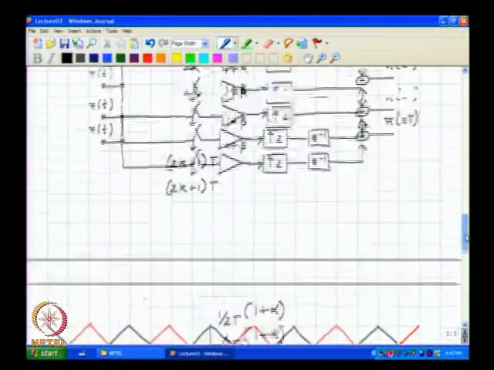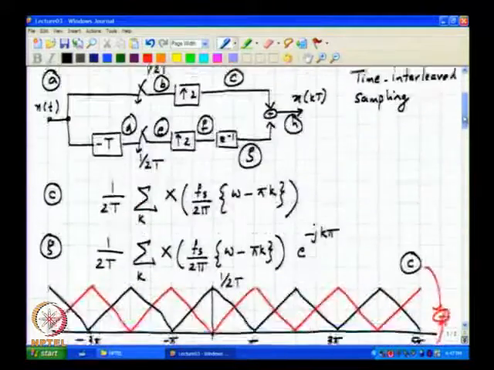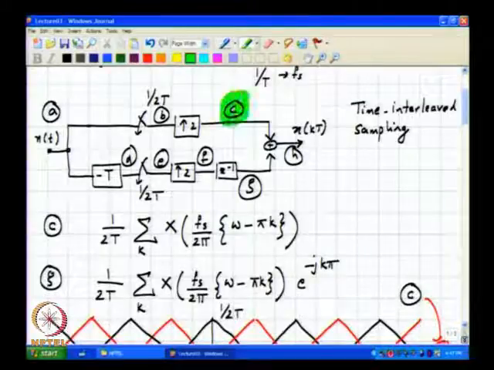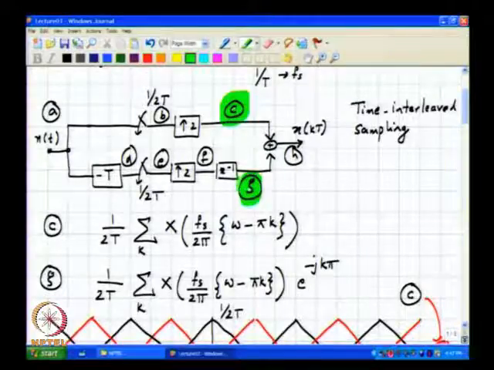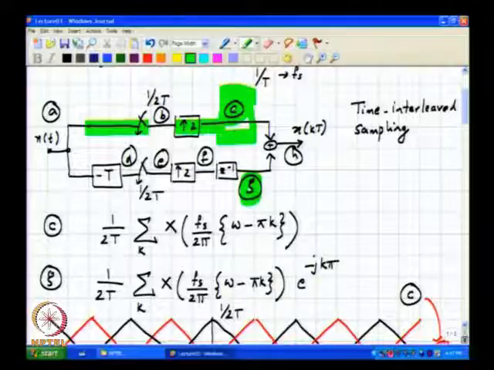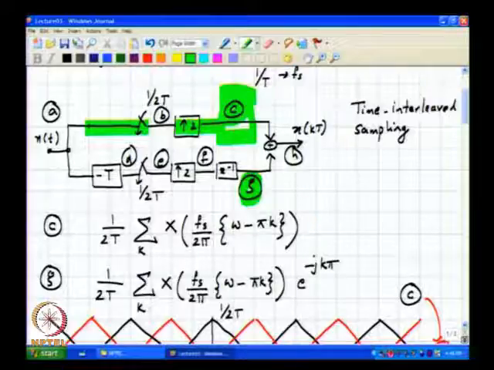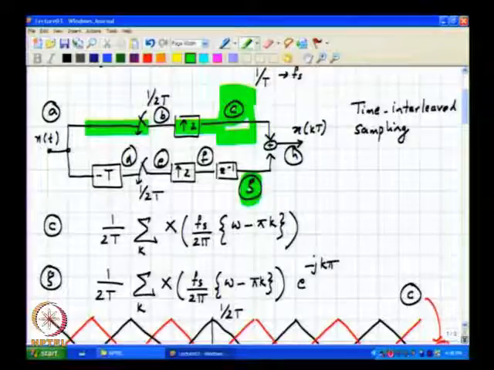Because all that we have done, we have already computed the spectra at this point and this point. If there was a gain error in this channel, it is simply taking the spectrum at C and multiplying it by 1 plus alpha. In a similar fashion, if there is a gain error in the lower channel, to compute the spectrum at G, we just take the old spectrum and multiply it by 1 plus beta instead, correct.